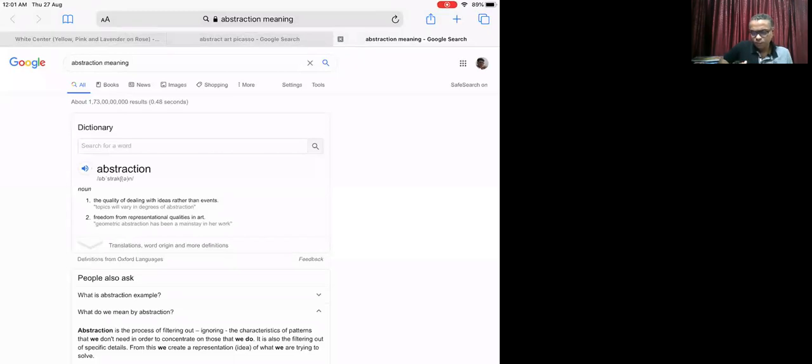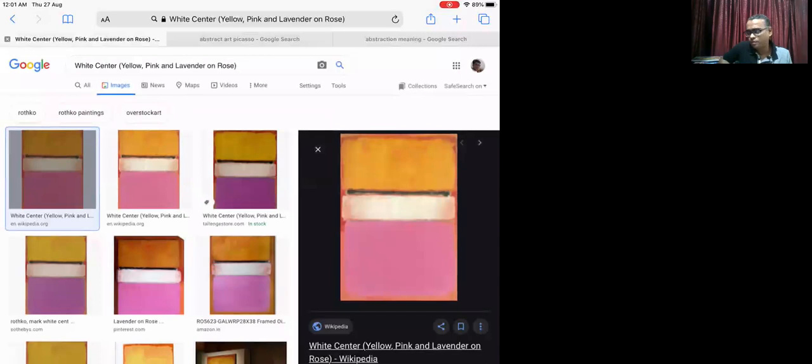So what does the dictionary meaning of abstraction say? It says that the quality of dealing with ideas rather than events, or freedom from representational qualities in art. I'm sure you must have heard of abstract art. Many of you may be connoisseurs or admirers of abstract painting. Like, for example, I will give you two such instances of abstract art.